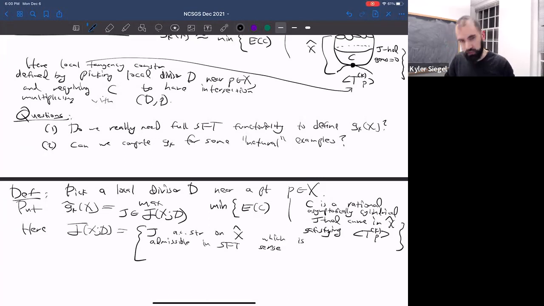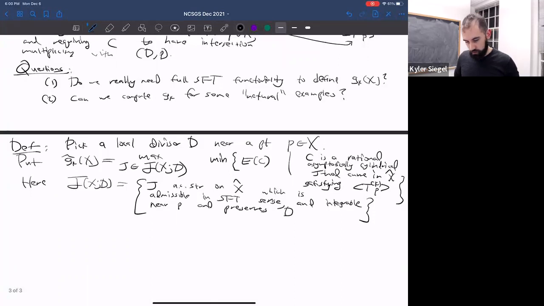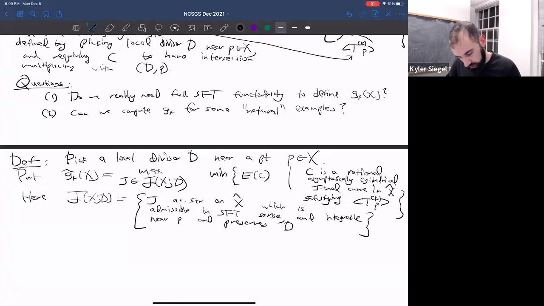So it's compatible with the symplectic form, and it's of cylindrical type at infinity, and just a technical condition is that we ask for it to be integrable near P, and it should preserve D, i.e. D should be J-holomorphic. Okay, so then let me state a basic result about the properties of this invariant.